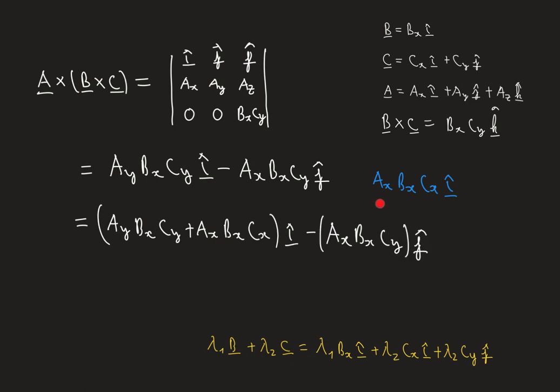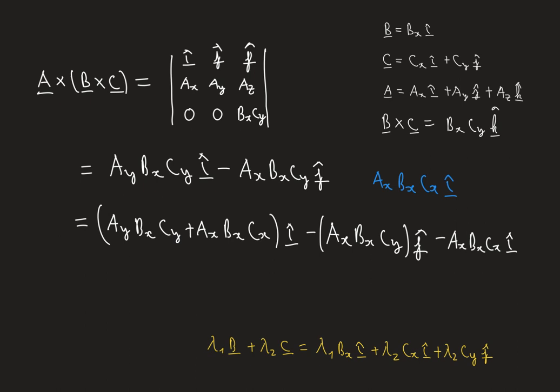Of course, we can't forget to subtract this vector since we added it at the beginning. So we have minus ax bx cx, all of that in the i hat direction.